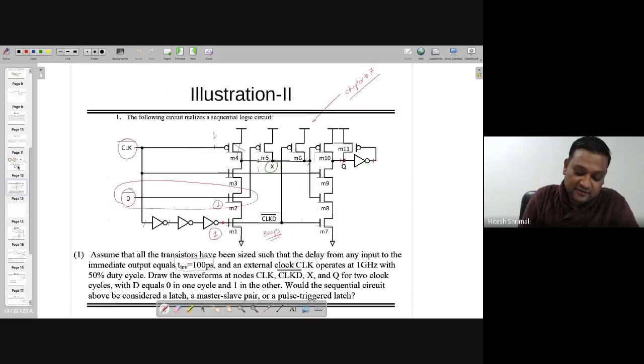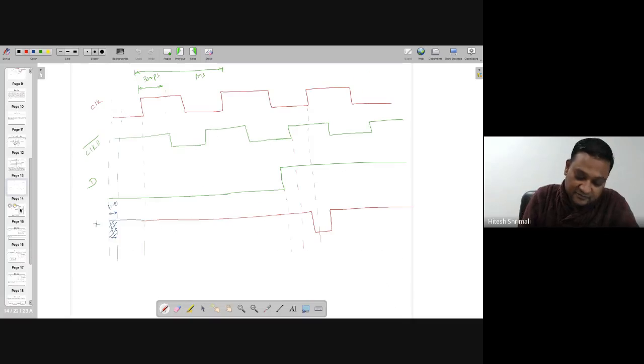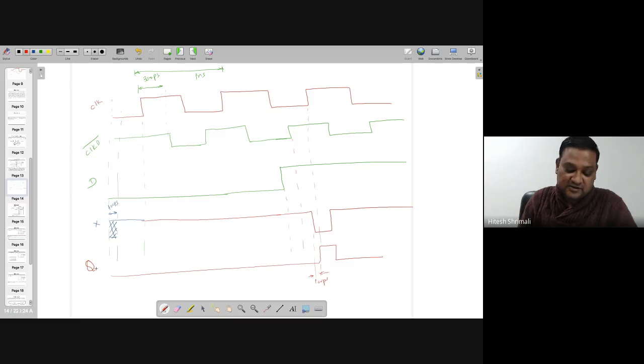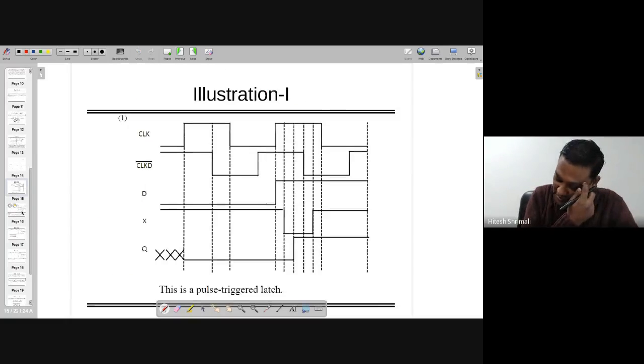And similarly, for the Q, between X and Q, there is a propagation delay of 1 stage, so 100 picosecond. And you see that this is going to be 1 to 0. By the way, this particular scheme is known as the pulse register. If you want to see the output, which is drawn over here, it's shown.